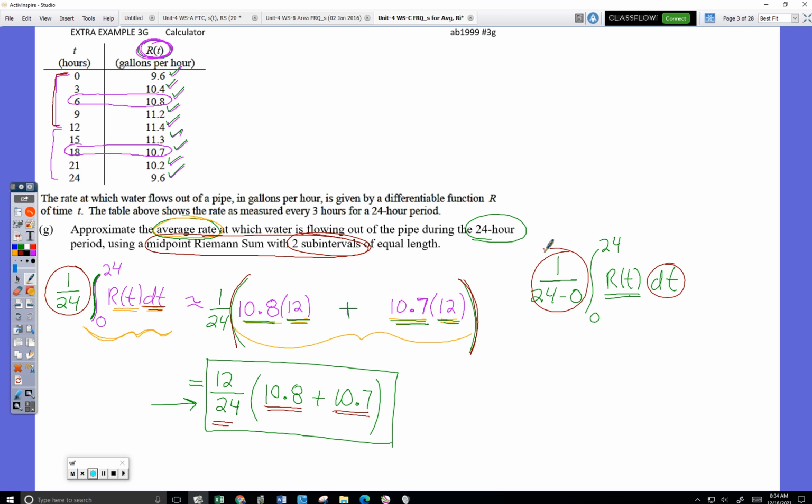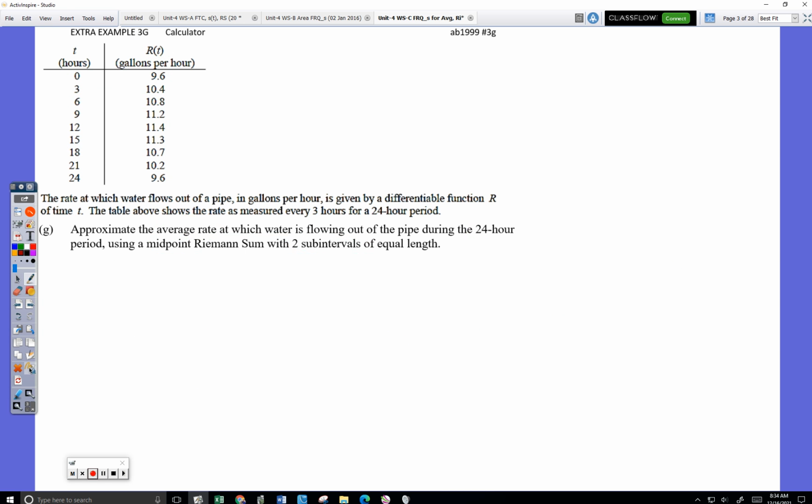Let's do another example. So let's clear this off. Let's go subintervals like this. So if I want to find the average of R, I'm going to take the integral of R from 0 to 24.